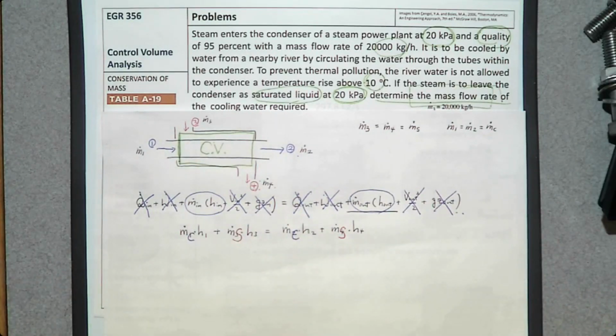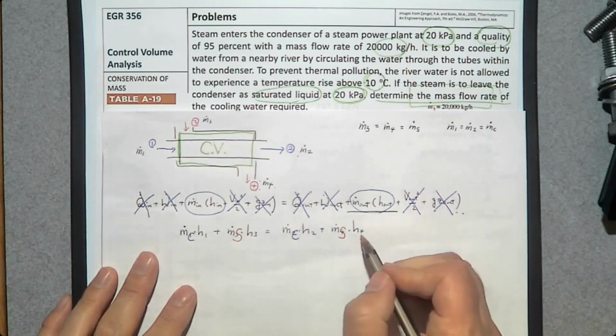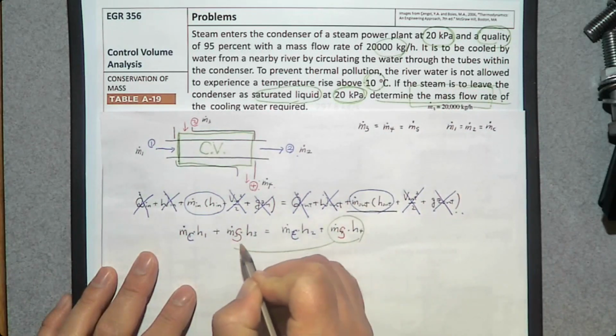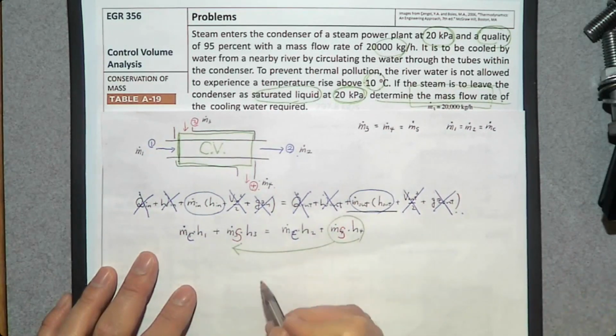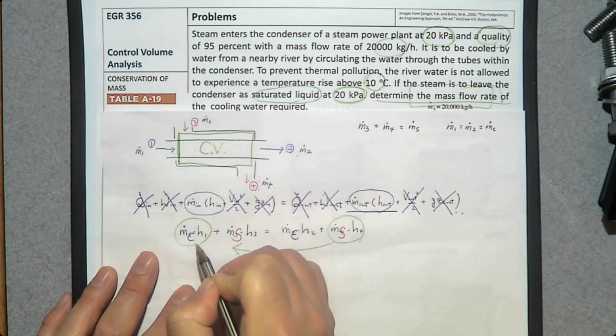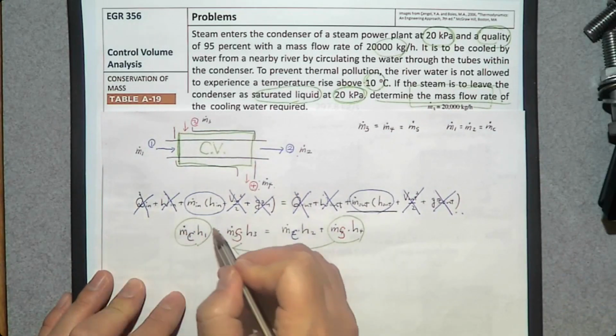Now we have m dot of C here and m dot of C here, so we can move this one to the other side. We have m dot of S here and m dot of S here, so we can move this one to the left-hand side, and this one to the right-hand side.